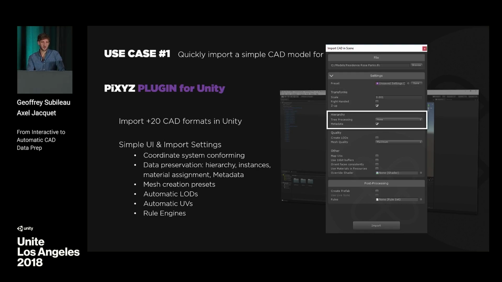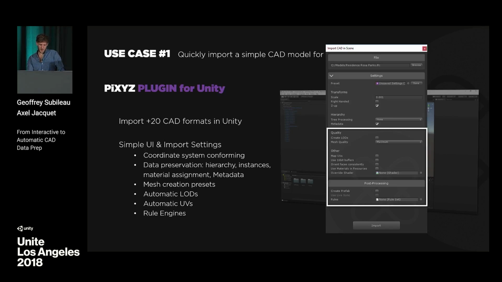Then you have presets to deal with the original CAD hierarchy, meaning you can merge, you can compress, you can merge by materials, etc. And something very important for industrial customers, with the plugin, we managed to preserve all information coming from the original CAD file, so to ensure digital continuity. So we keep hierarchy, we keep materials and colors, and also metadata that will be delivered in components on parts.